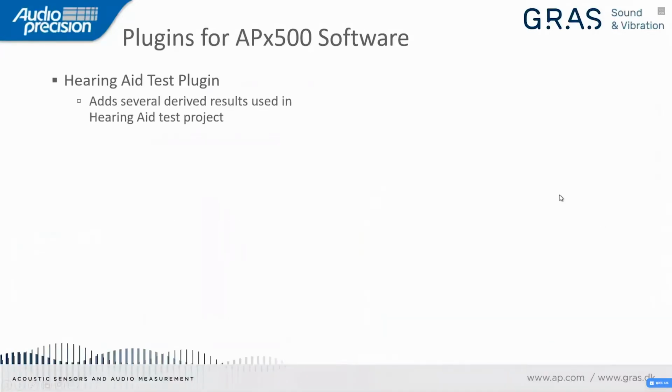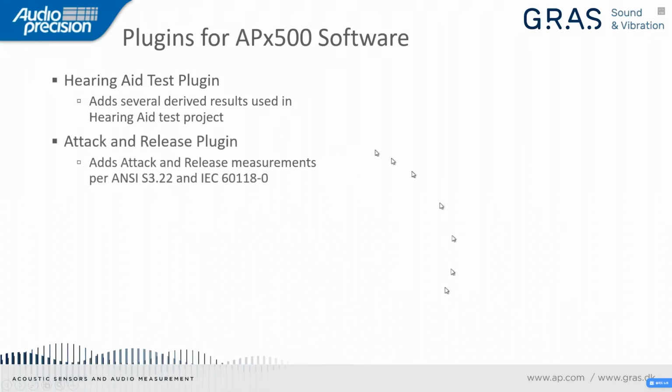Now, I should mention that what I'm going to show you today requires some APX software. These are extra software features that don't ship with the product, but they can be downloaded from our website. First we have the hearing aid test plugin. This adds several derived results that are used in the hearing aid test project. We have the attack and release plugin.